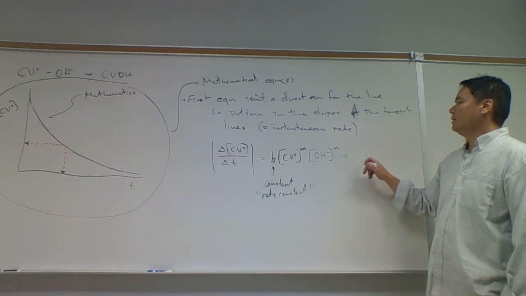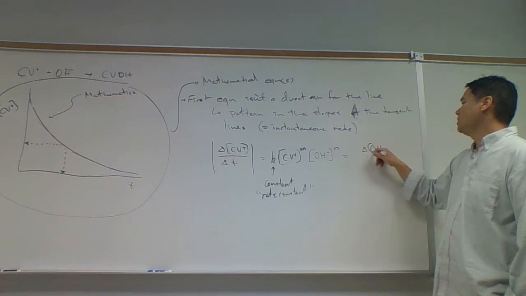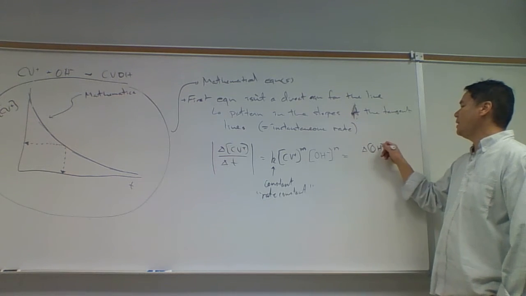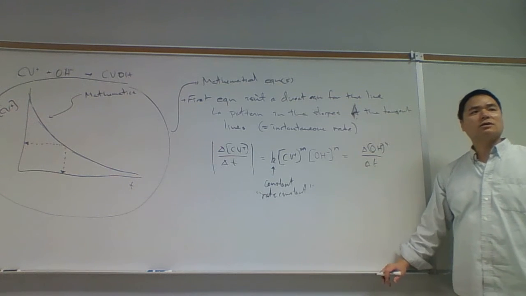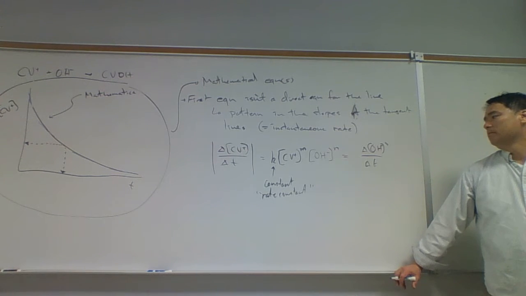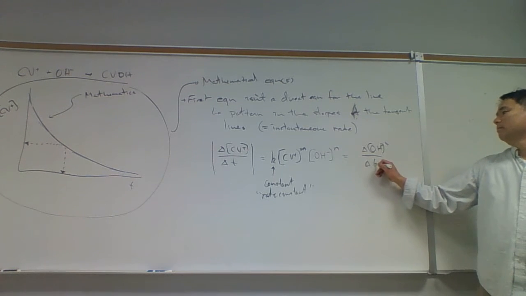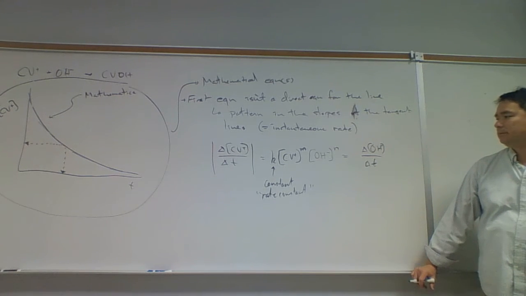Okay, and here it turns out that this is going to equal the change in the hydroxide. So if we measure the pH and watched how it changed with time, we could make a plot with the hydroxide showing the same type of deal. Is that also in absolute value terms?